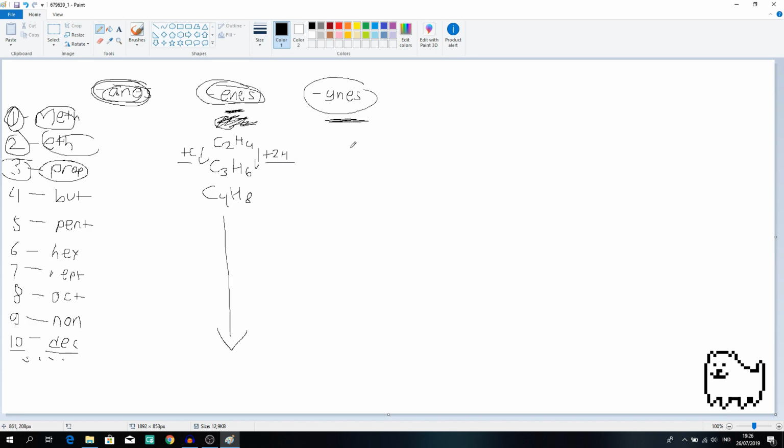The alkynes will be C2H2. This one will be C3H4. Let's test that out first. 1, 2, 3. 3 carbons, one of them is a triple bond, so 1 hydrogen here and 3 hydrogens here. 1, 2, 3, 4. See?